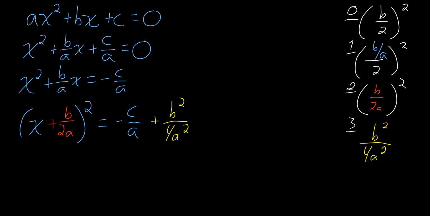Now again, this plus b squared over 4a squared would be at the end of this, okay? But I went ahead and factored it, and I factored it to this, because, well, we can do that.